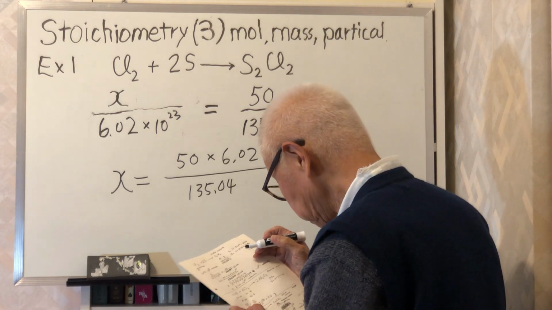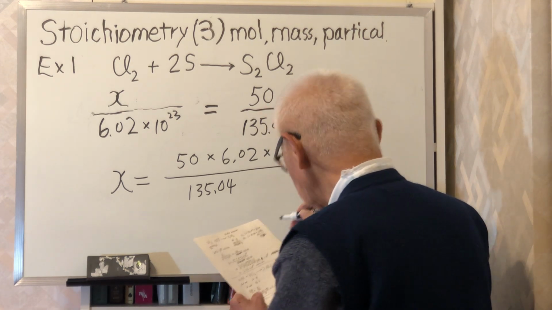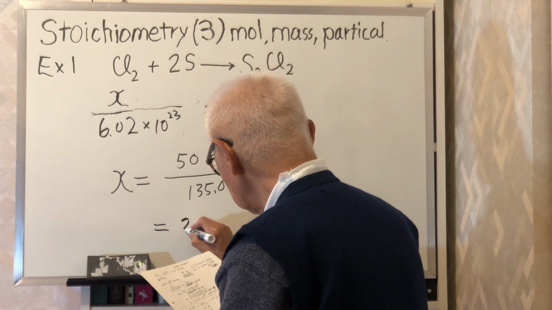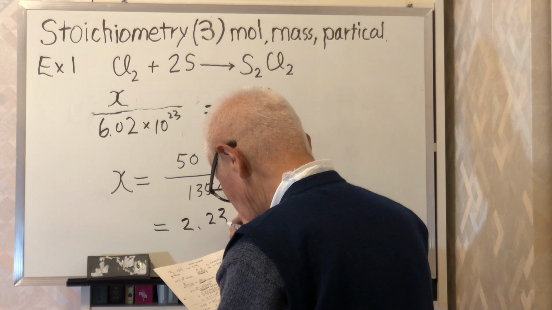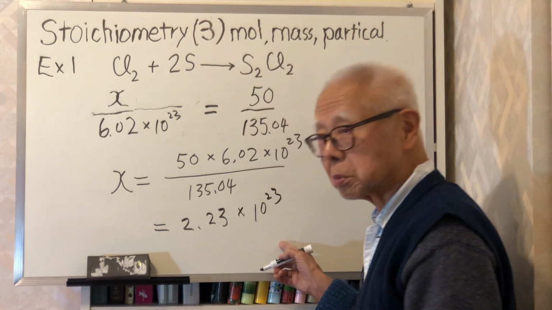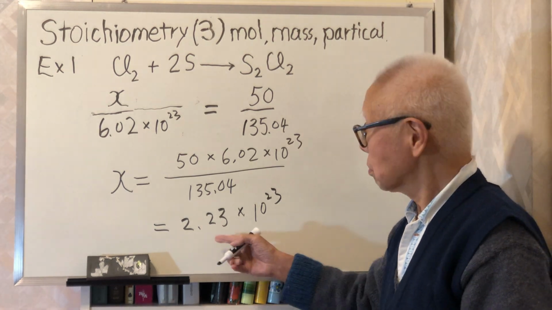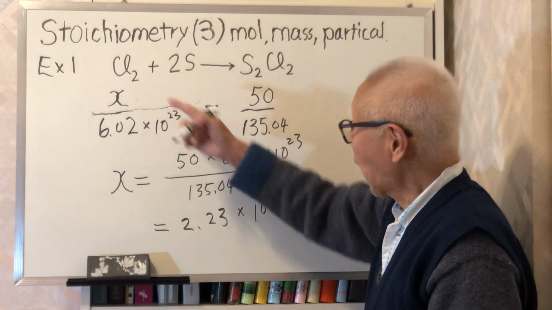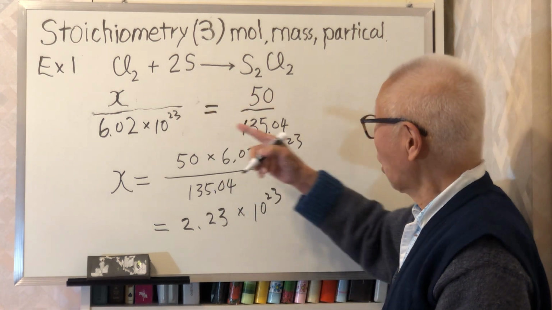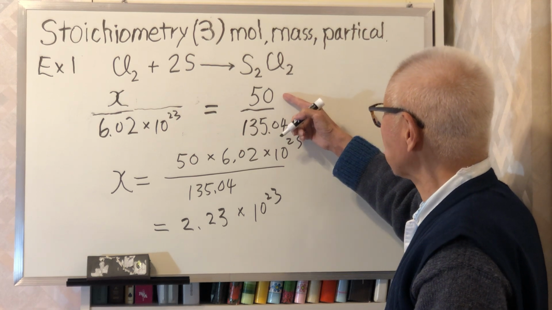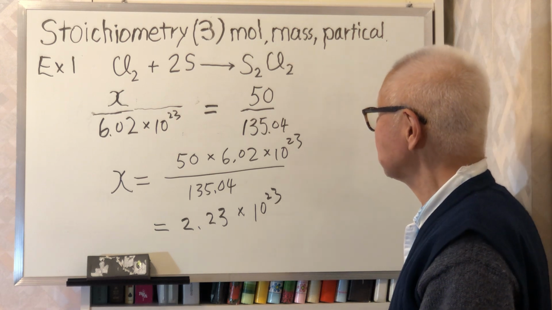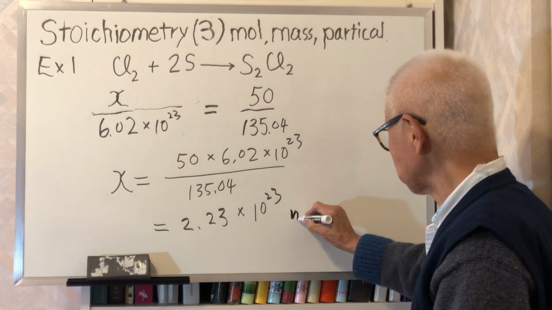So my x is this result. This means I need this many molecules in order to produce 50 grams of disulfur dichloride.